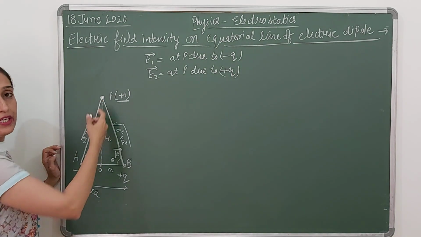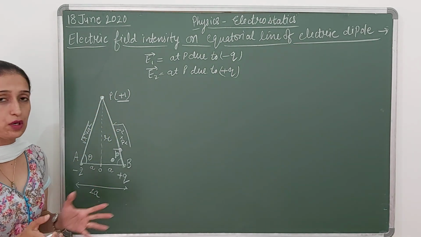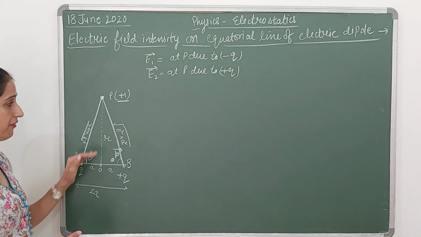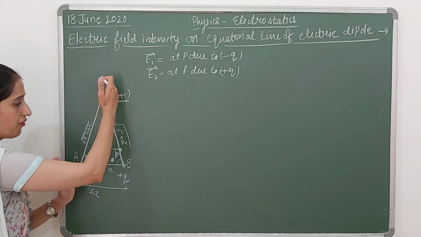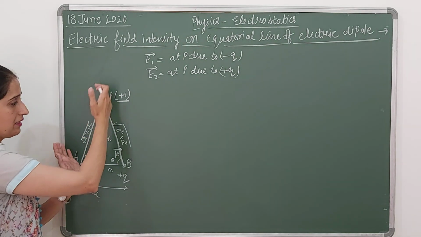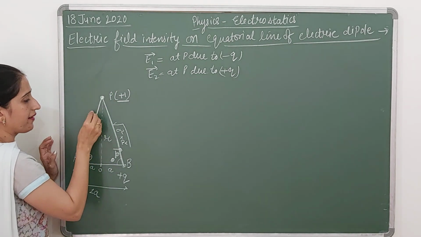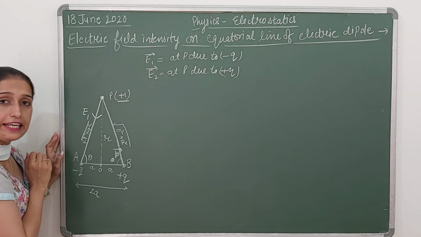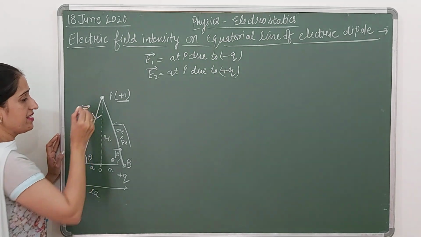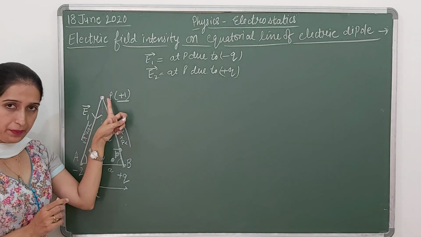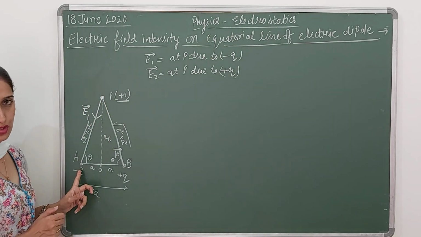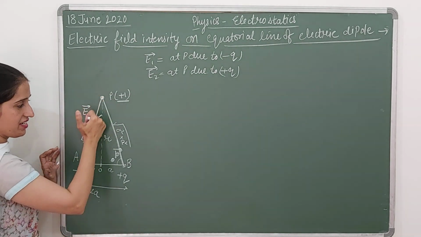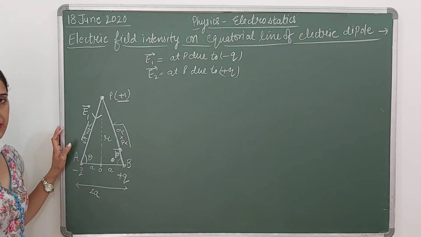These two are going to attract each other because these are unlike charges, opposite charges, negative and positive. So the force of interaction between them is in this direction, they are going to attract each other. So this represents the direction of E1, the electric field intensity at point P due to this charge minus Q. Attraction is there, so that's why the electric field intensity direction is in this direction.